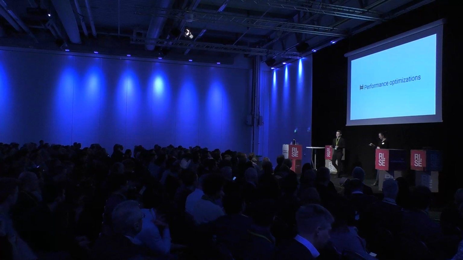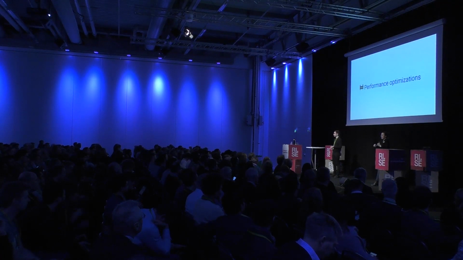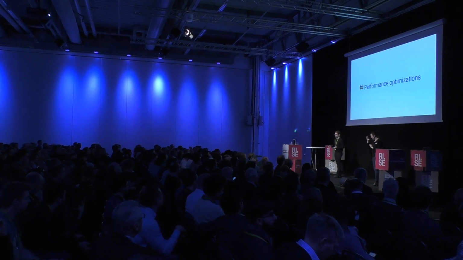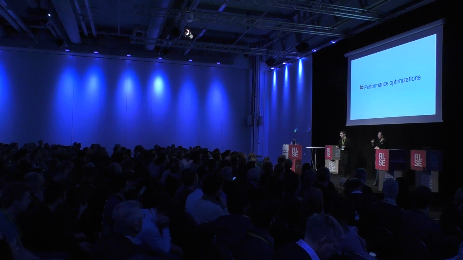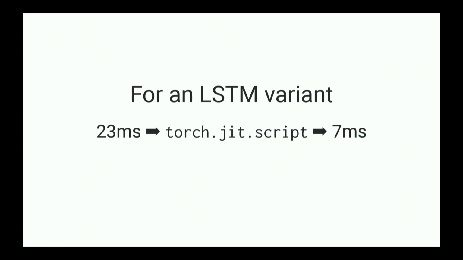So JIT is aiming to help with that. It will attempt to redo the optimizations automatically for you. The roadblock sign in here is because that's not really finished. We're not promising magical gains at this point. It's 1.0. This is a very new feature, and we've been mostly focusing on getting the usability right and not actually the optimization. But on some LSTM variant, a recurrent network that we've been benchmarking, it's actually a 3.2x speedup, which is pretty good.